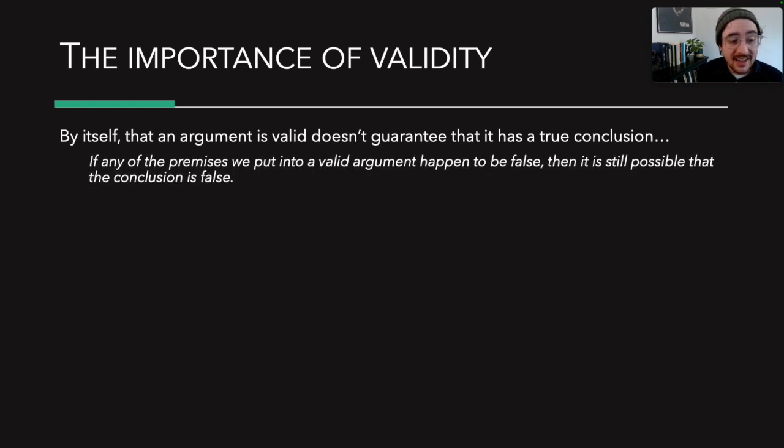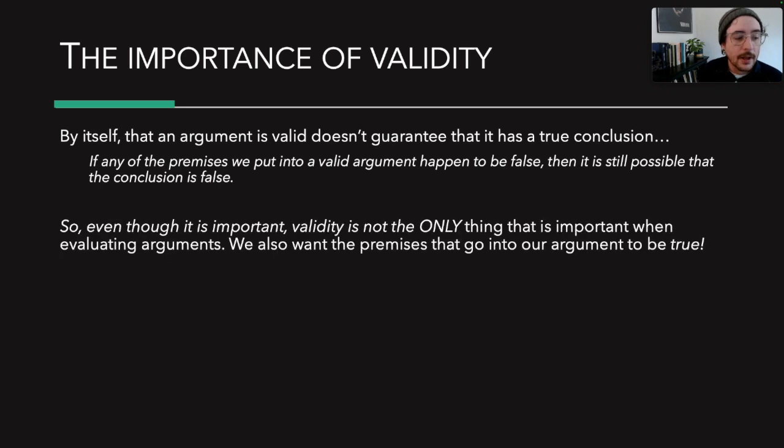And that's because if any of the premises you put into the valid argument happen to be false, well then it's still possible that you might be led to a false conclusion. And so look, even though validity is important, what this shows is that it's not the only thing that's important. Another thing we care about is whether the premises of the argument are in fact true.